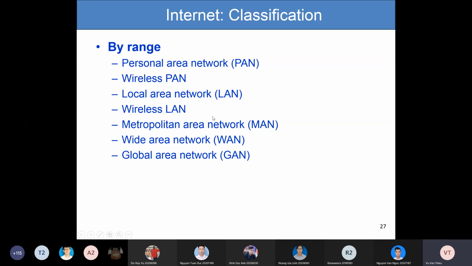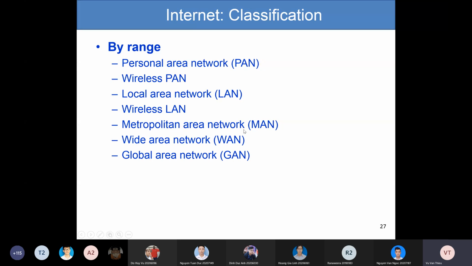We also have a PAN, personal area network. For example, the network that connects my laptop, my TV, my smartphone, my camera in my home. That is PAN. And we also have MAN.